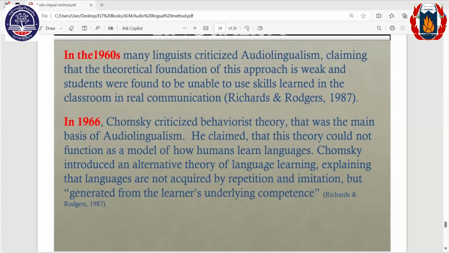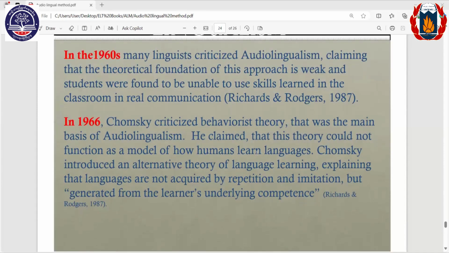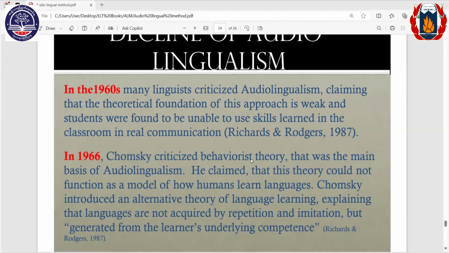Chomsky introduced another theory explaining that language is not acquired by repetition and imitation, but that it is generated from the learner's underlying competence. He said that people already have some competence, because the teacher does not need to give 100% stimulus, but they already have some competence in their brain or maybe in their mind.